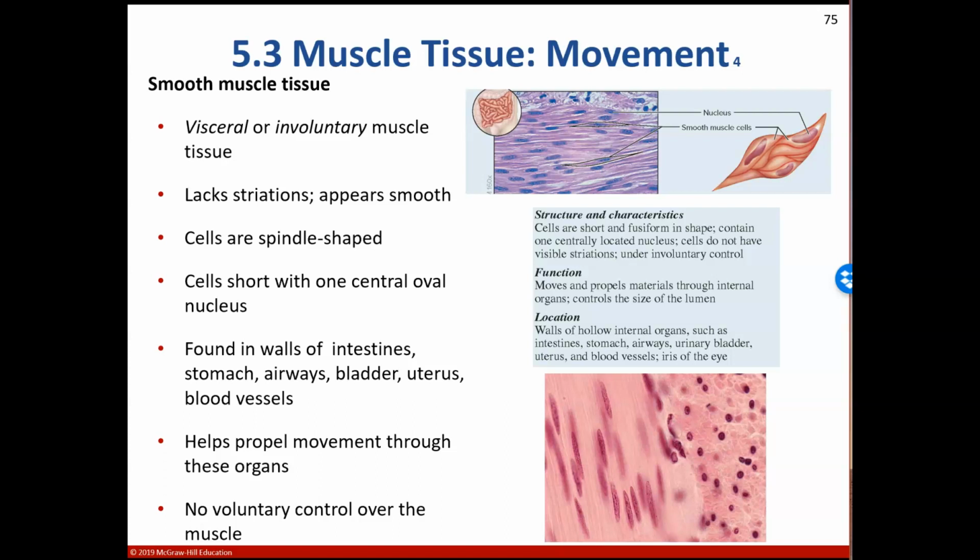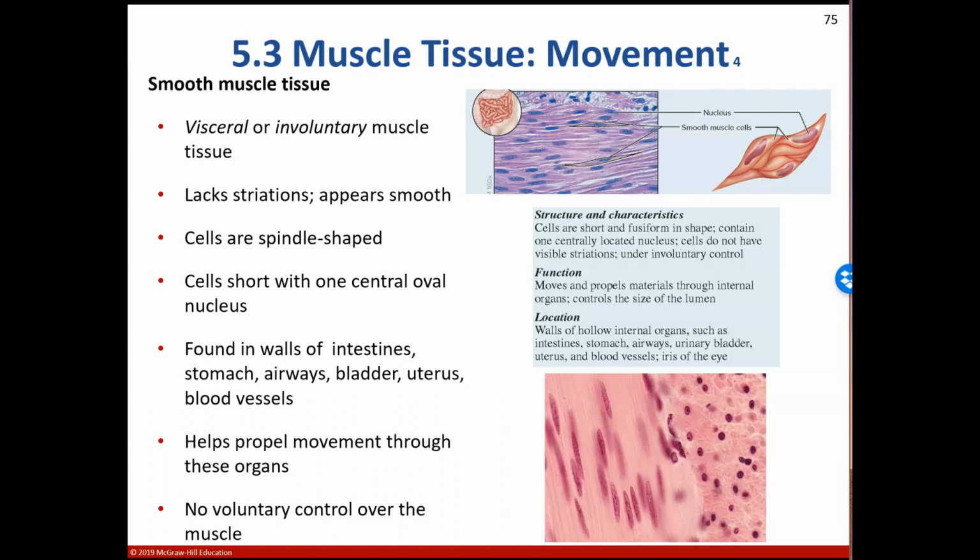Now onto our smooth muscle tissue. This is going to be visceral or involuntary muscle tissue, is what it's known as. Visceral because it is going to be found within our organs, especially in areas like our digestive organs and our blood vessels. And it's involuntary because we don't have conscious control.